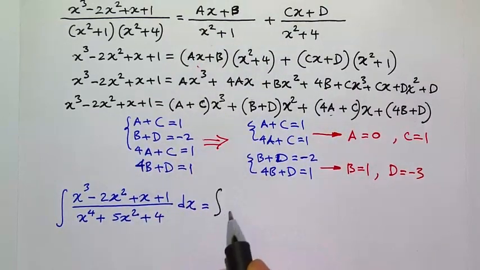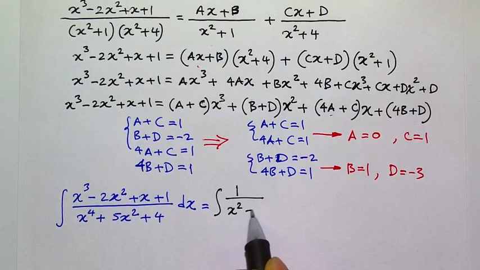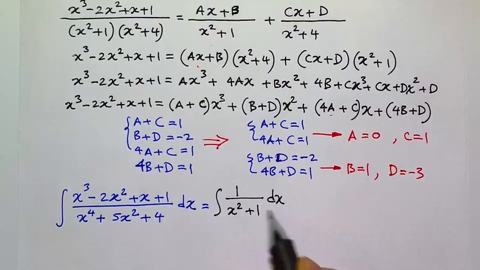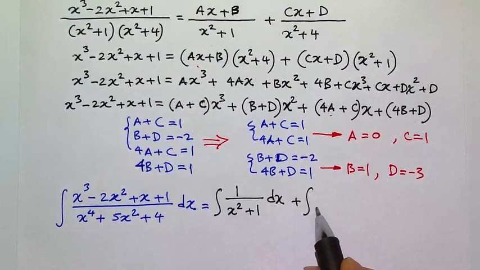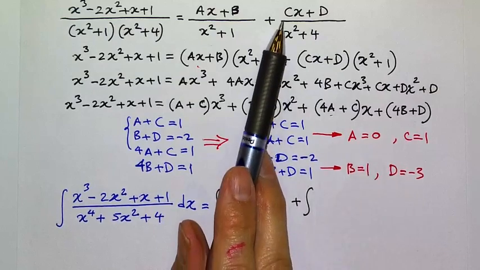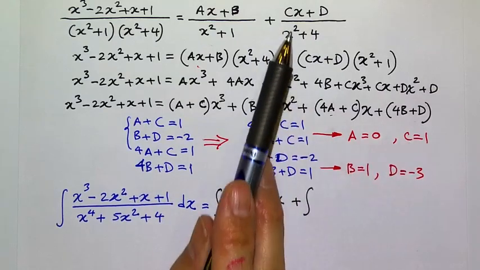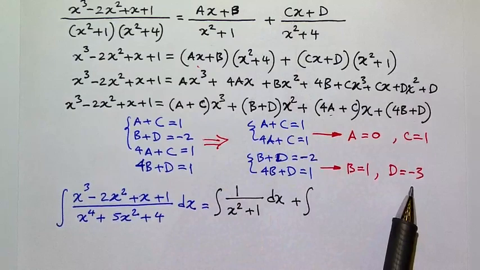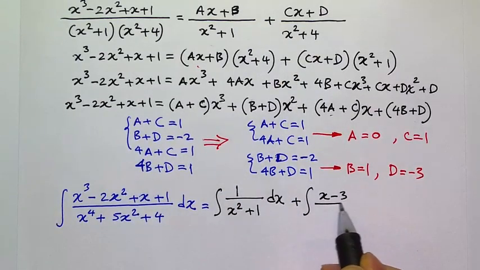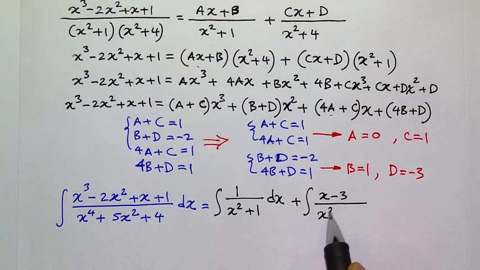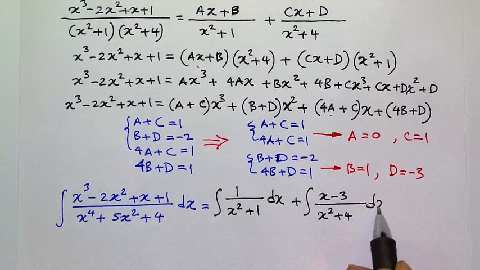So we have the integral of 1 over x squared plus 1 dx, and then plus the integral of, substituting c with 1, that will give us x plus d, which is minus 3. So x minus 3 divided by x squared plus 4 dx.